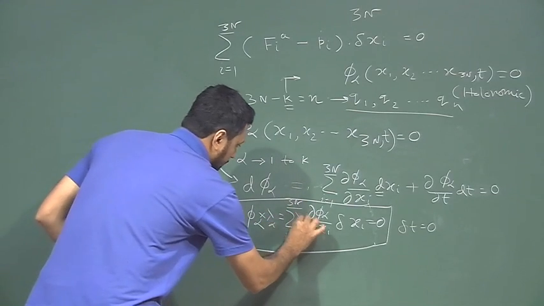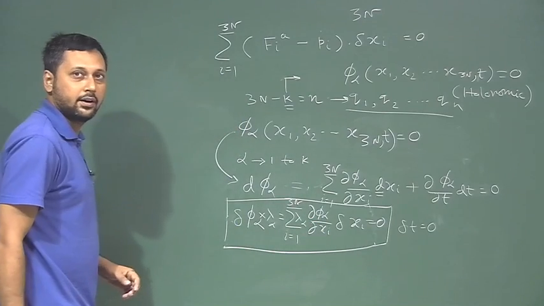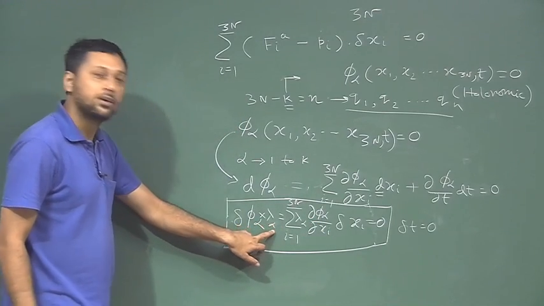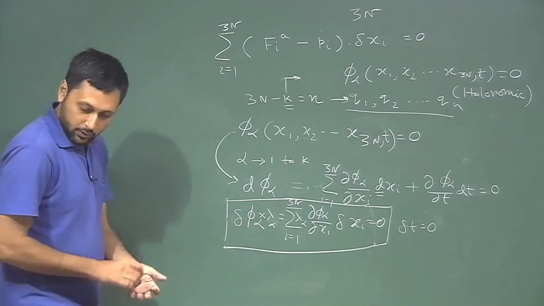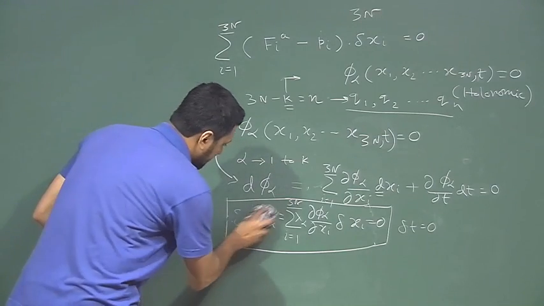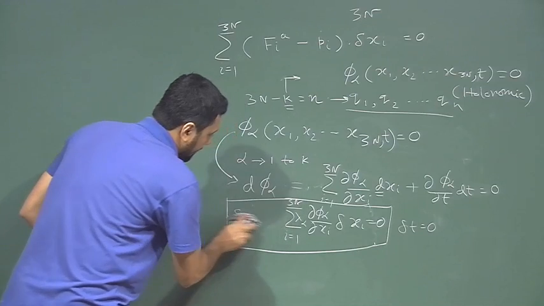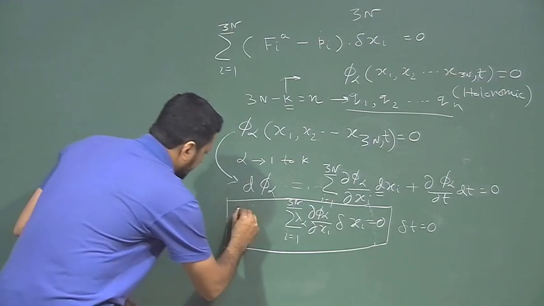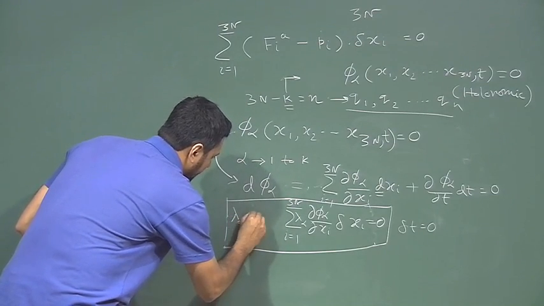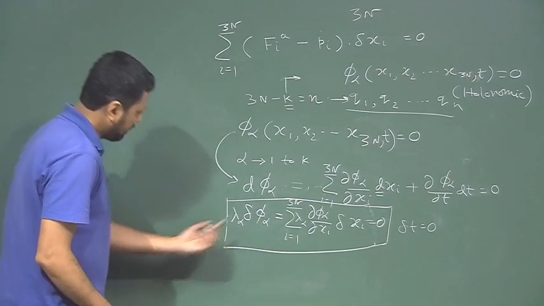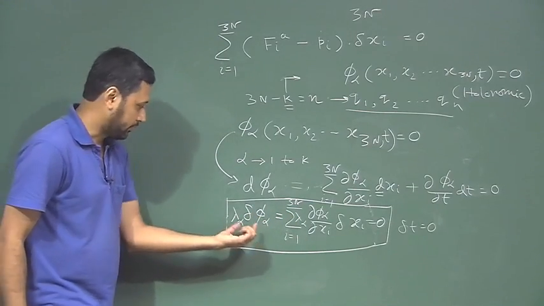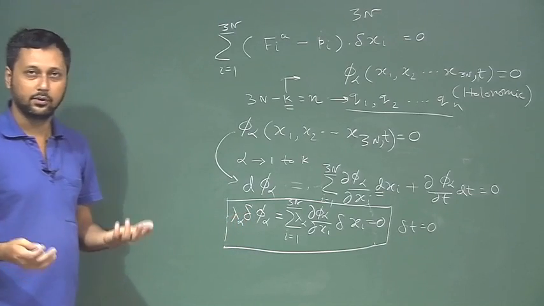This is some arbitrary constant, and the result will once again be equal to 0. So we are simply writing this as lambda alpha delta phi alpha, which is also equal to 0, because multiplying anything with 0 is 0.